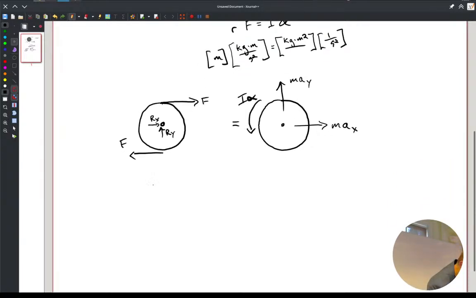So now I have the sum of the forces. I have 3 equations for every planar problem. Sum of the forces in x is max. I have a force right and a force left, and then I have Rx, but F minus F is 0, so Rx is 0.